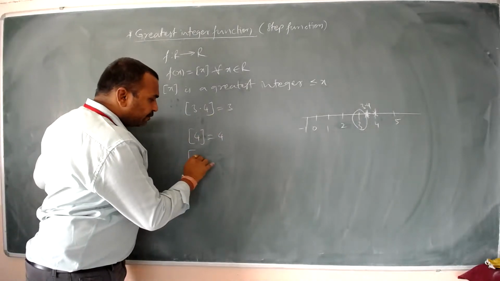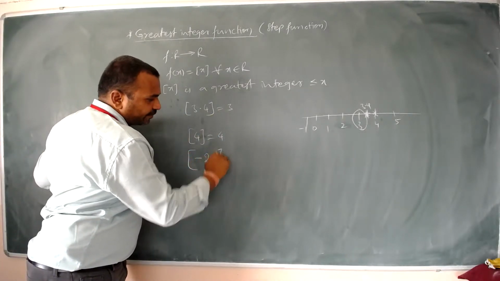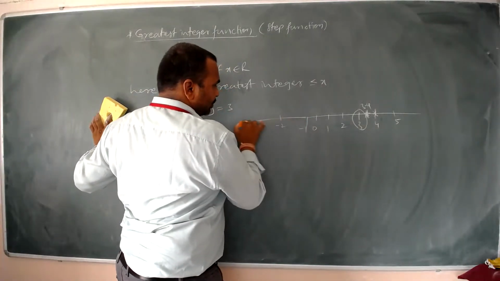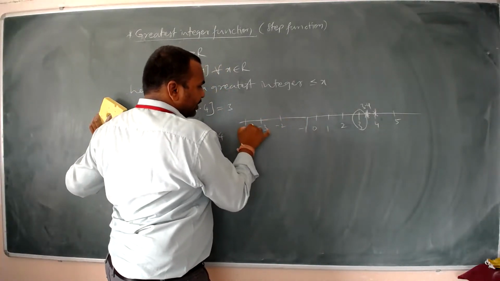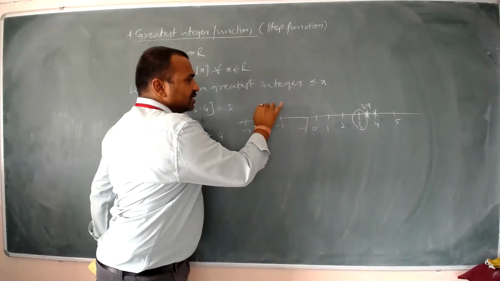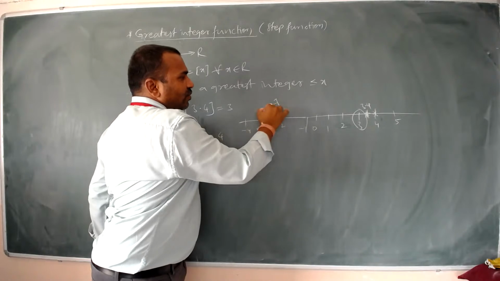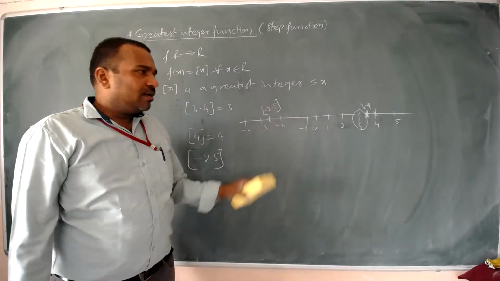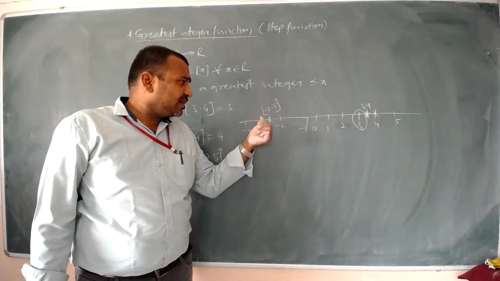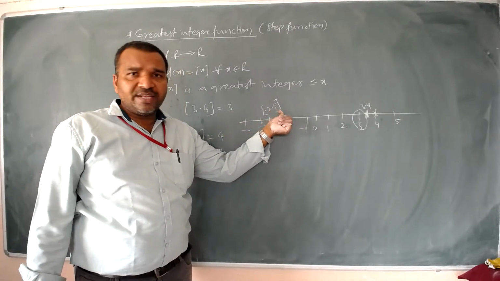I am taking minus 2.5. Check it now. Here minus 2, minus 3, minus 4. Where is minus 2.5? Here only. This is minus 2.5. What is box of this value? Box of minus 2.5 is nothing but the greatest integer which is less than or equal to minus 2.5.